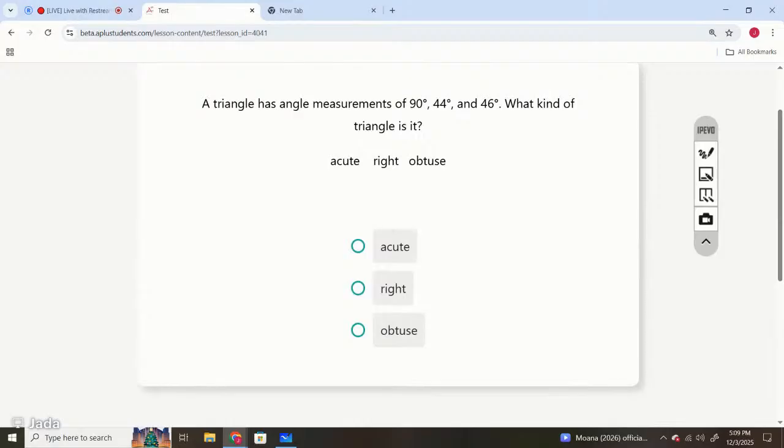What kind of triangle is this? One of the angles measures exactly 90 degrees, so that is a right triangle.